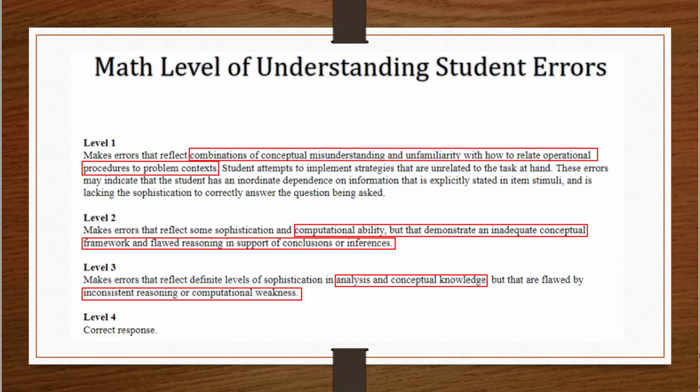DOK Level 2, students make errors that reflect computational ability that demonstrates an inadequate conceptual framework and flawed reasoning in support of conclusions or inferences. DOK Level 3, students make errors that reflect analysis and conceptual knowledge with inconsistent reasoning or computational weaknesses.